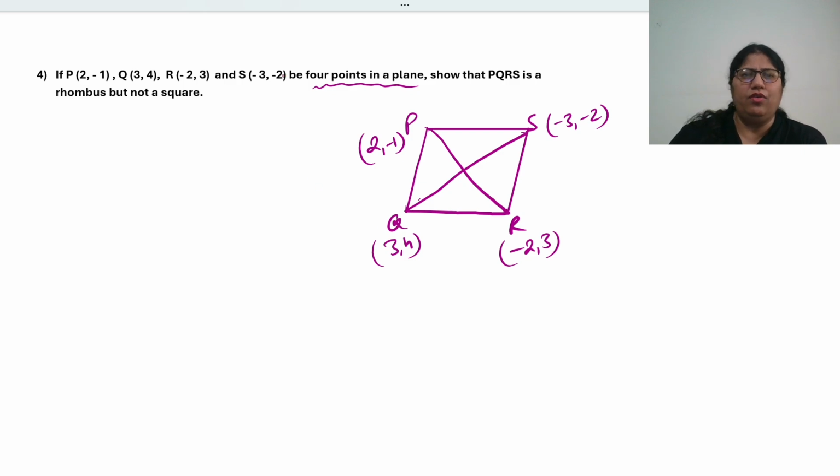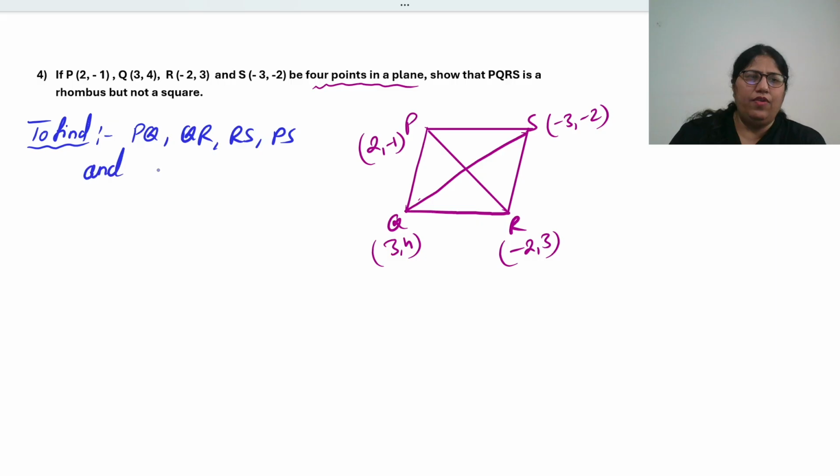Whenever quadrilateral based questions come, you find the lengths of all four sides and two diagonals. So the sides are PQ, QR, RS, PS, and you need to find the lengths of PR and QS. Those two are the diagonals.